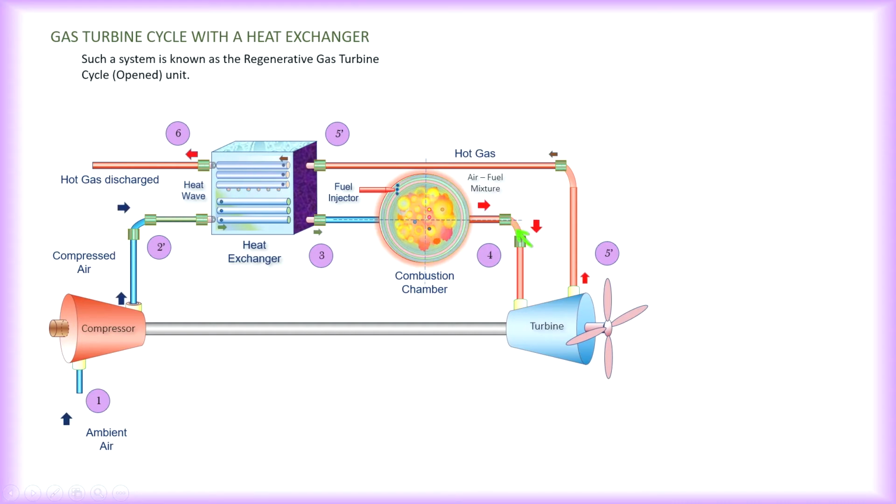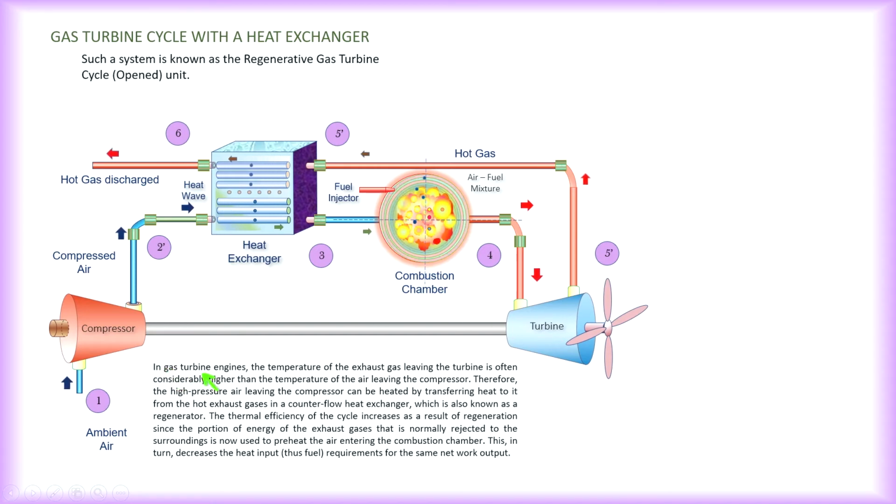Then it comes out and goes into the gas turbine where it undergoes isentropic expansion. Then you have hot gas flowing out on this stream here, and it goes into the regenerator. Again, it exchanges heat with the air in the air stream, and then it goes out at state point 6. This is an example of a gas turbine cycle, open cycle unit with a regenerator.